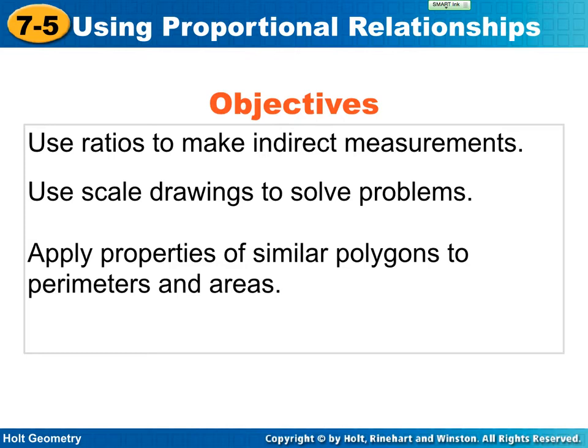Let's compare the perimeters. The perimeters were 12 and 18. What's that reduced to? Divide them both by 6, which would be 2 to 3. Areas.